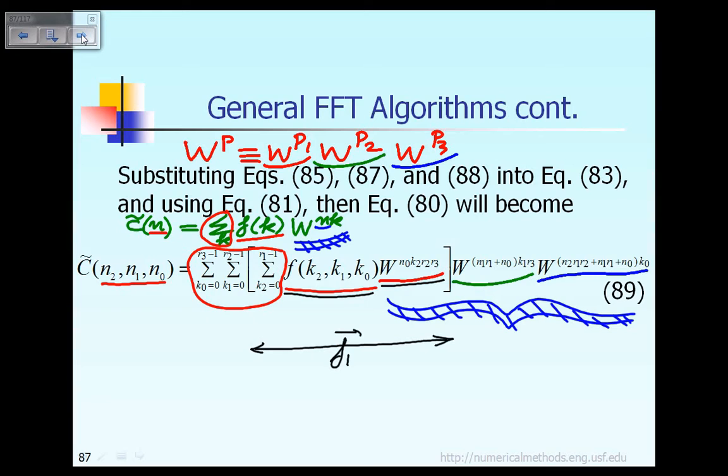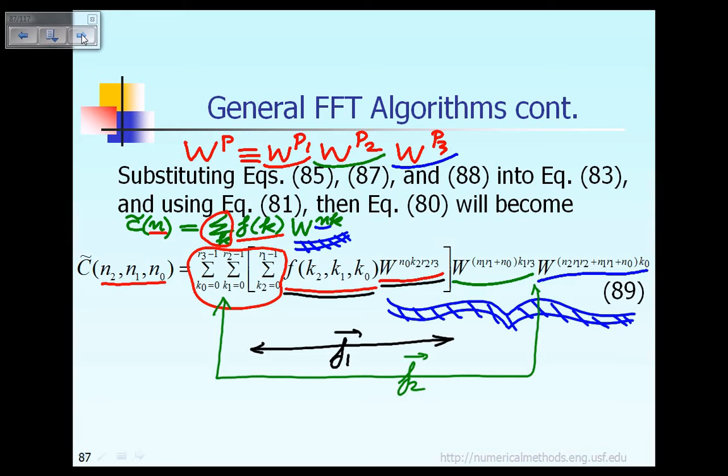After you compute the intermediate vector F1, the next thing we take the summation on the index K1 times F1 and multiply with W raised to the power N1 R1 plus N0, the whole thing K1 R3. That together will give you the intermediate vector F2, as I show you in the green color.